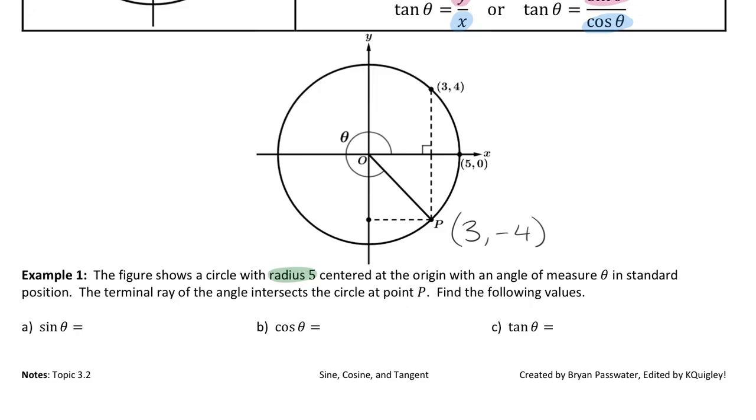They're the same distance away, which means my horizontal displacement, how much did I go side to side? 3. My vertical displacement, how much did I go up and down? 4. I went down 4, right? Down 4.